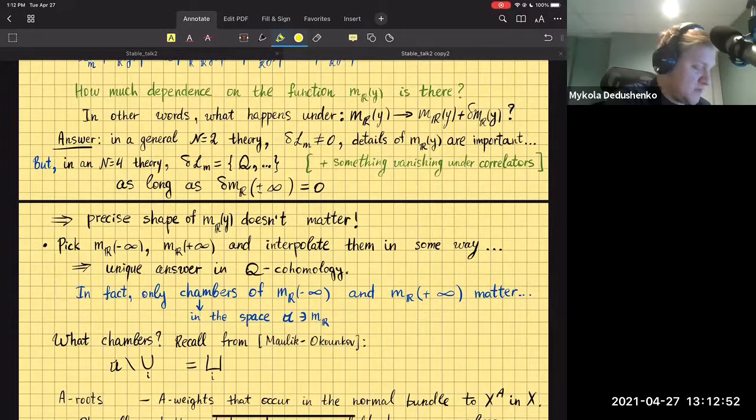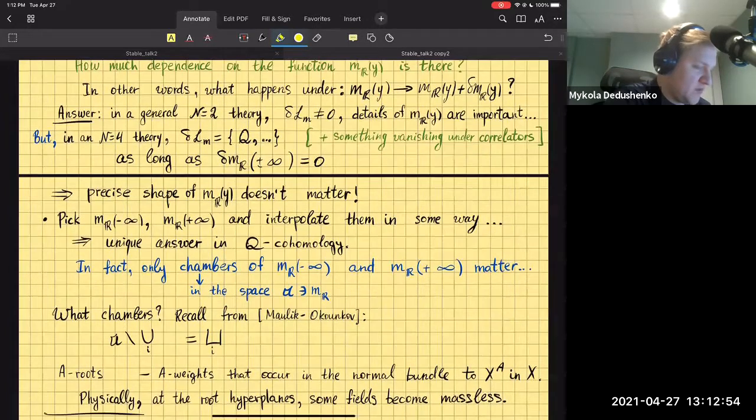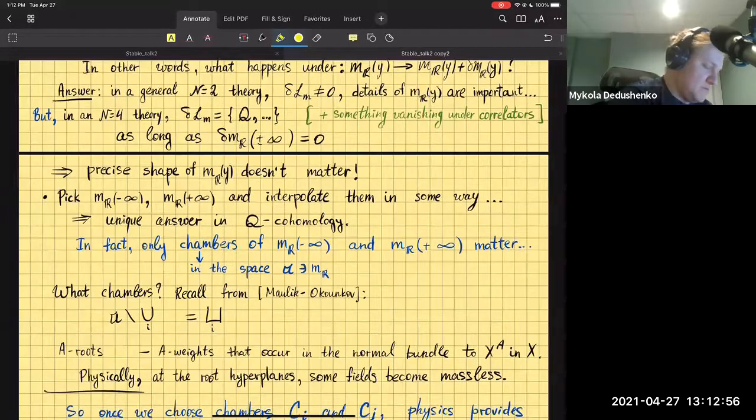So what are these chambers? Well, we can recall the definition from Maulik and Okounkov: one just takes this alpha, the real algebra, and removes root hyperplanes, and then what remains is a union of chambers.